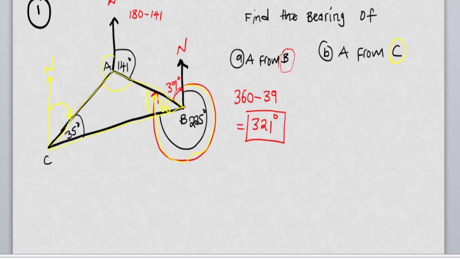So in order for us to find this angle, we add these two angles, the 35 and the 66, then we subtract them from 180. So 35 plus 66, we get 101. Then 180 subtract 101, we get 79.